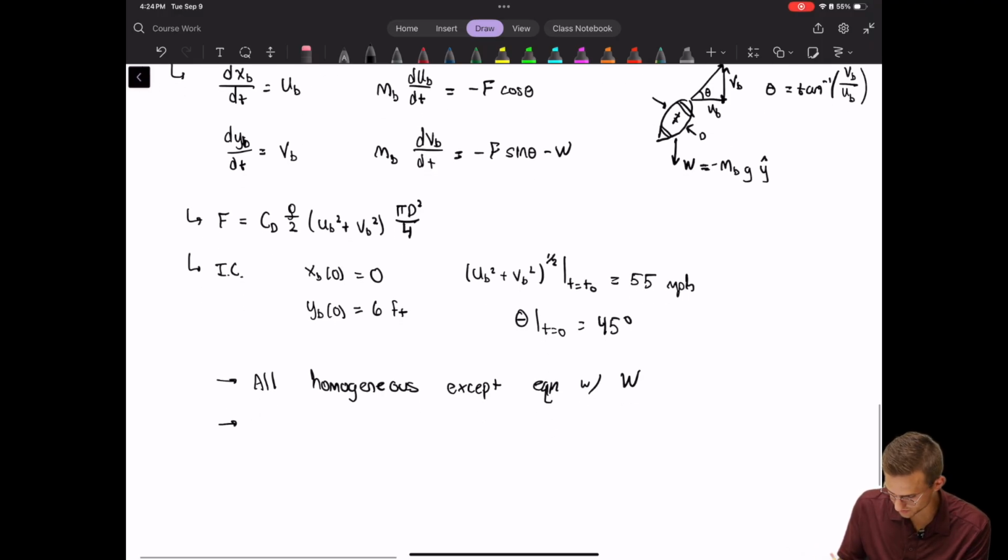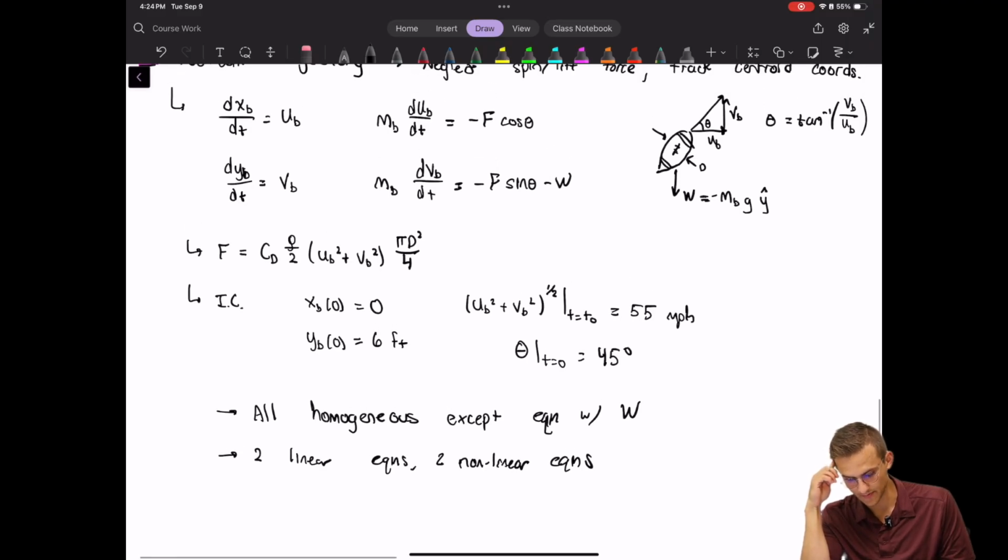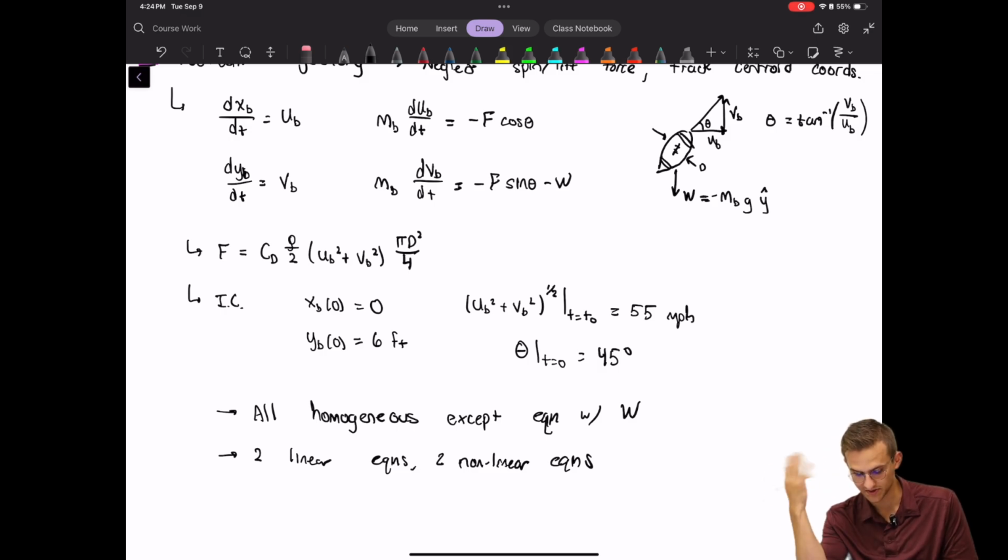And we have 2 linear equations and 2 nonlinear equations in this set of first order ODEs. Okay, so like I said, we have a set of 4 first order ODEs, but we could combine them to form 2 second order ODEs, but we would still need those 4 conditions. Okay, nice simple model for the trajectory of a football.